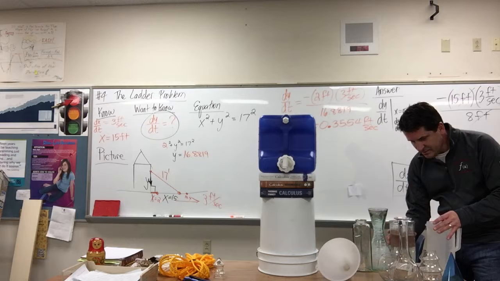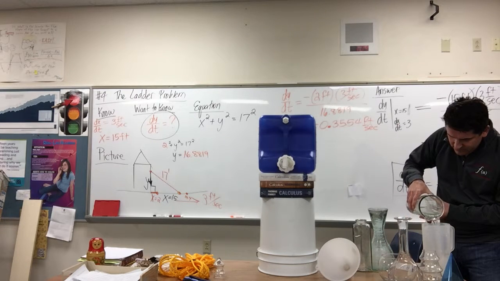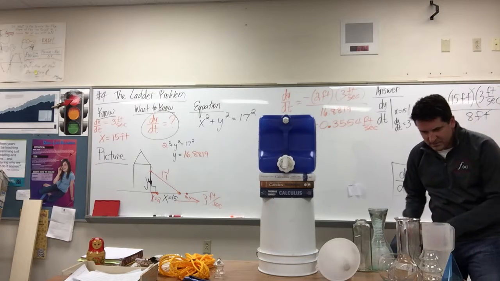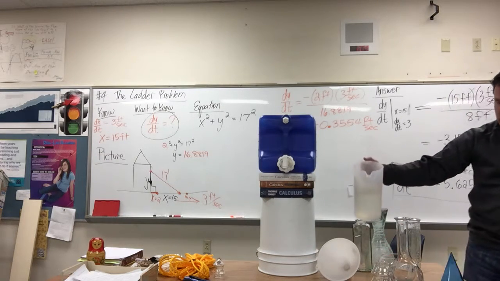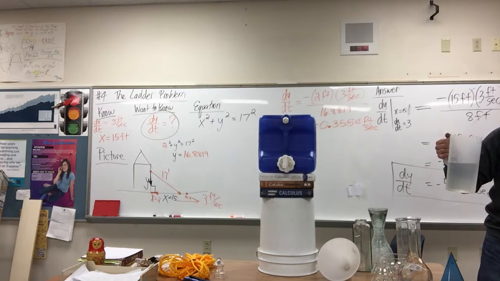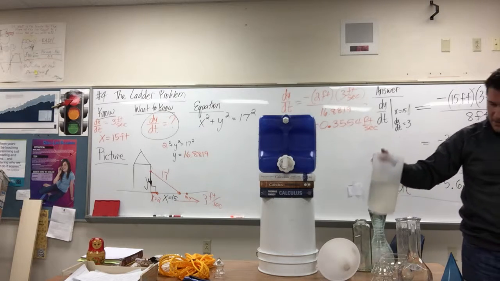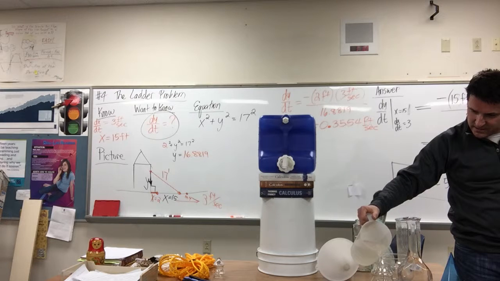I'm going to try something different here. Now, maybe only the people who are close can see this, but it should vary, right? It should go slow and then quick and then slow and then quick, as we go through. So I'm going to try to pour this in at a constant rate.